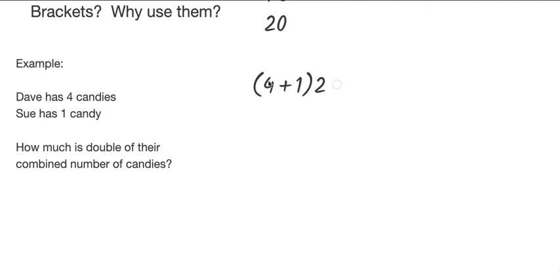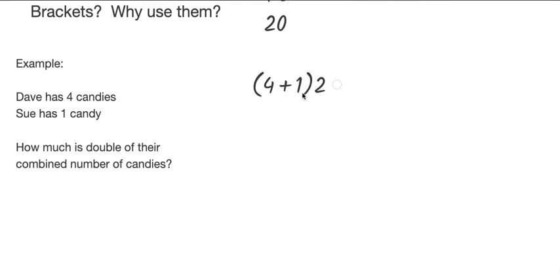What do the brackets tell me I need to do? Brackets give me information. It just says, okay, you can't get the total number of candies if you double until you add those 2 together, the 4 and the 1. You have to add those together. So what happens? Let's see.